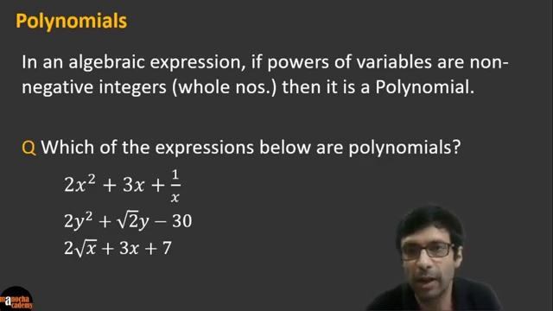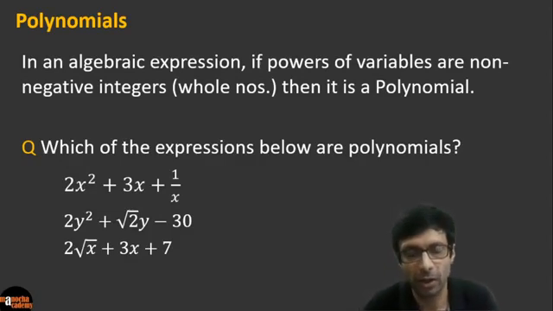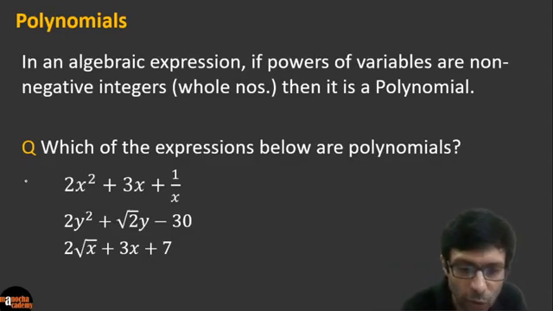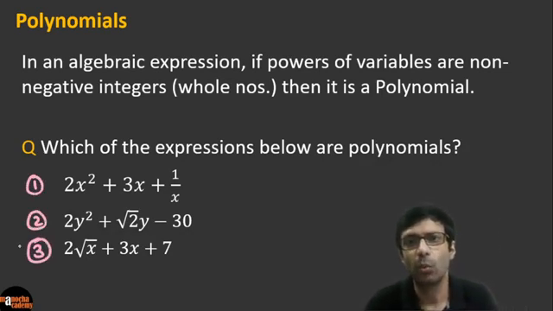So this was our definition, and now I have this question for you. Which of the expressions below are polynomials, right? Can you find the polynomials here? Let me number them for you. So this is number 1, 2 and 3. Take a look at your screen and tell me which of the expressions below are polynomials.